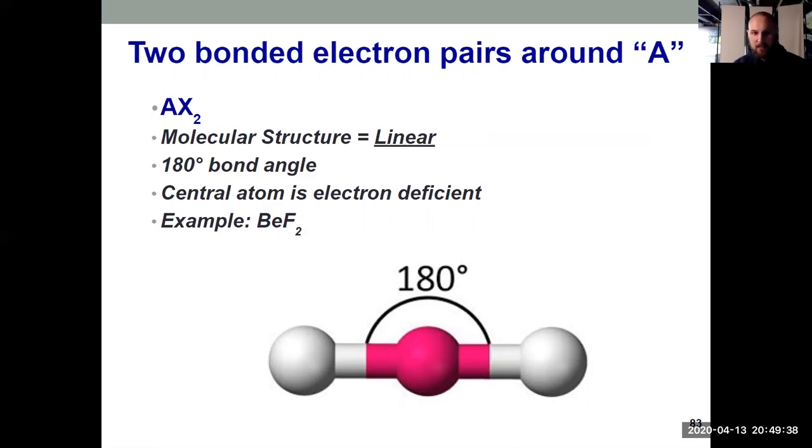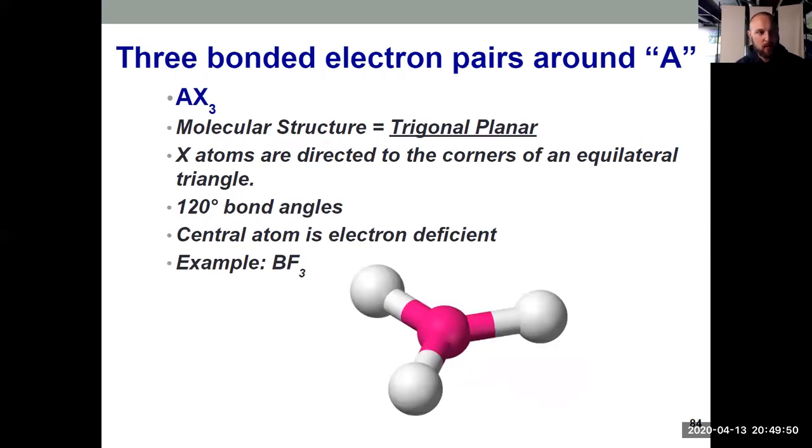We only see this in things that are electron deficient, okay? Because if they only have two groups and no lone pairs, they can't satisfy the octet rule. We see that here, and we see it in the next one as well, where we have three terminal atoms. So now we're looking at AX3. We call that trigonal planar.